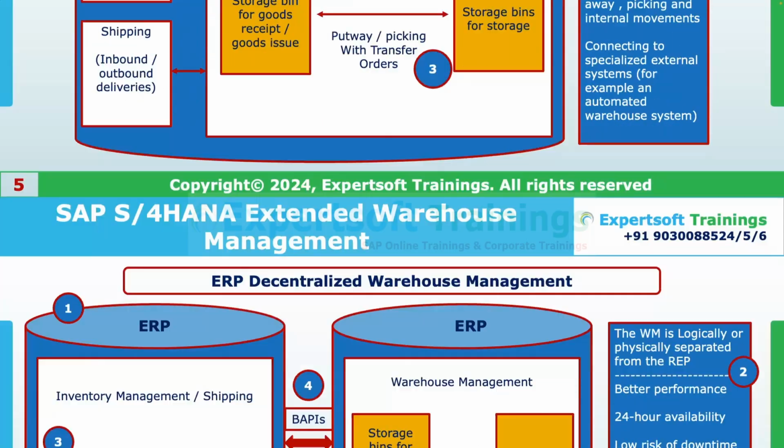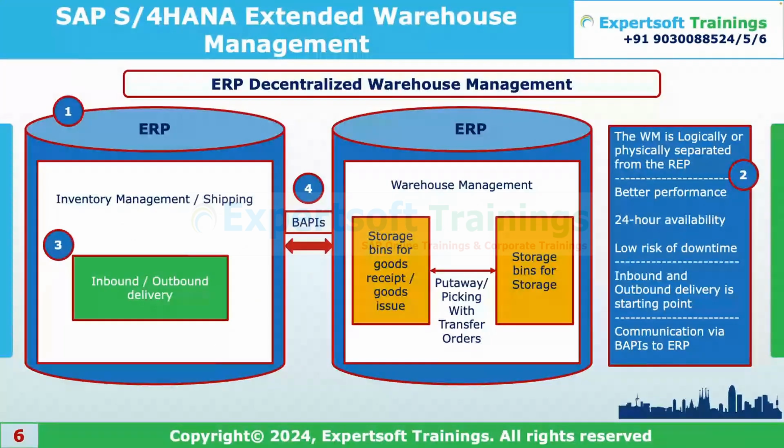Okay. Now this slide is to explain what a decentralized model is, because when we discuss SAP WM, sorry, EWM on SCM, it's a decentralized model. So that's why I have kept this slide intentionally. What is the meaning of decentralized WM?